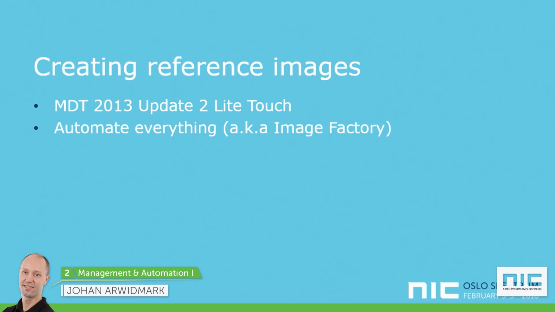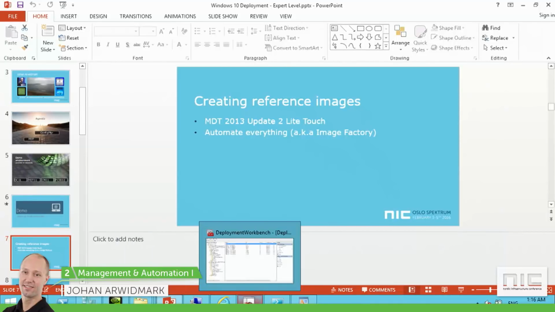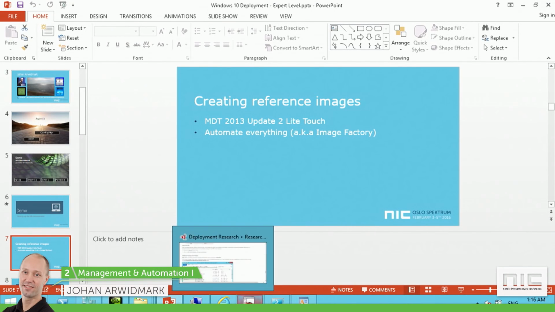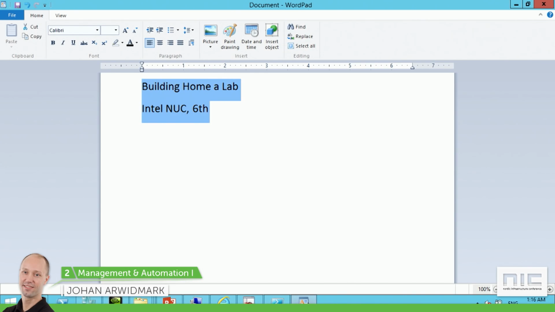You can get it done, but you simply spend too much time on it, in my opinion. So I like to use Light Touch, the standalone version. And why? Because it always bloody works. Every single time. And the image you get out of it, you can use with anything.